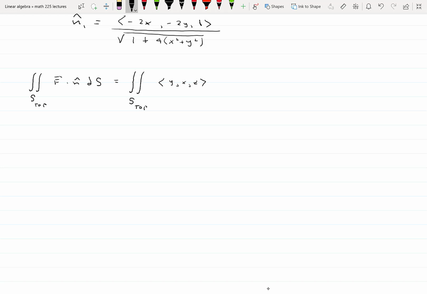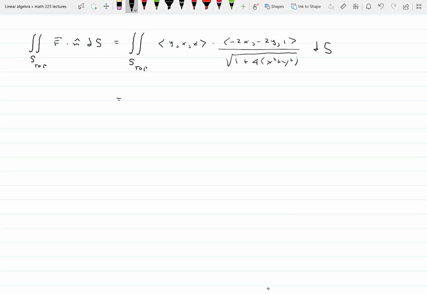It could be an electric field or other quantities. So there's f dot n: negative 2x, negative 2y, 1 over the square root of 1 plus 4 times x squared plus y squared, and that's dS. This is the flux integral over the top surface.